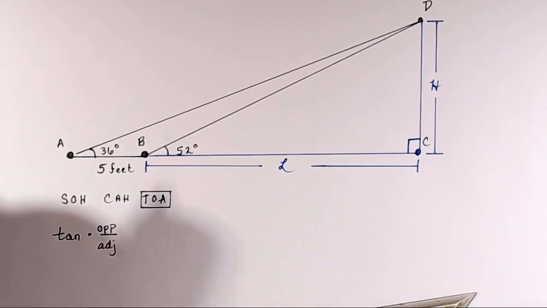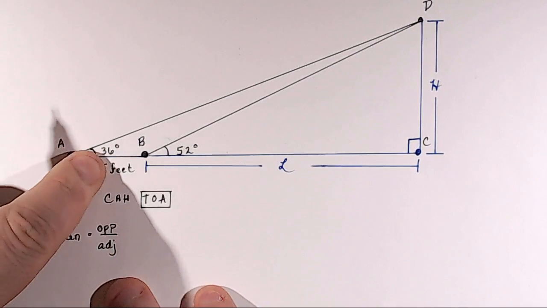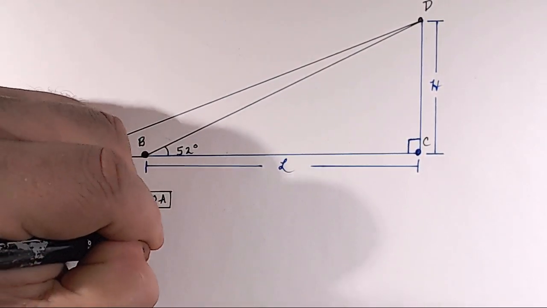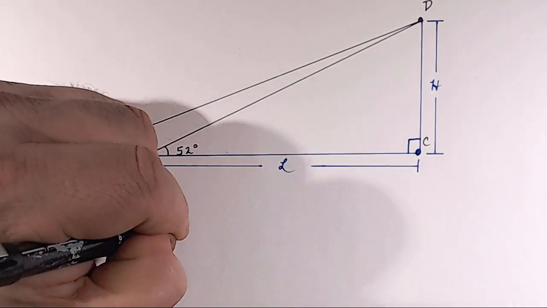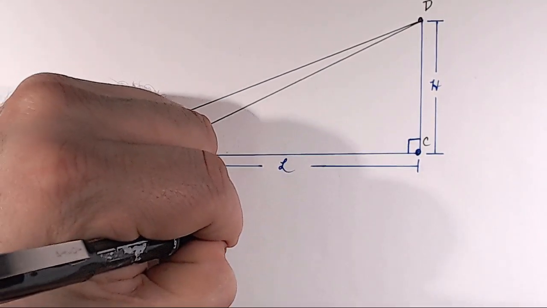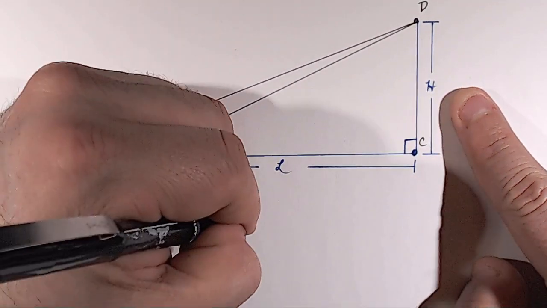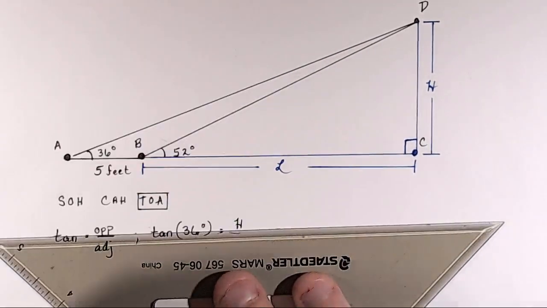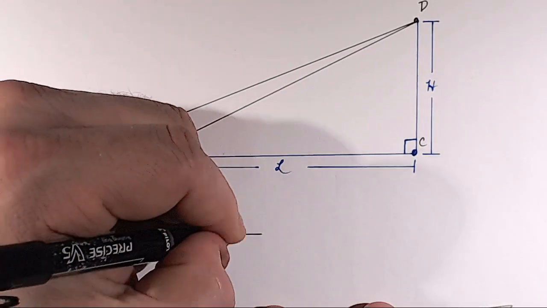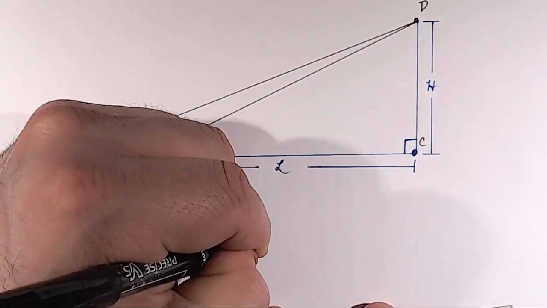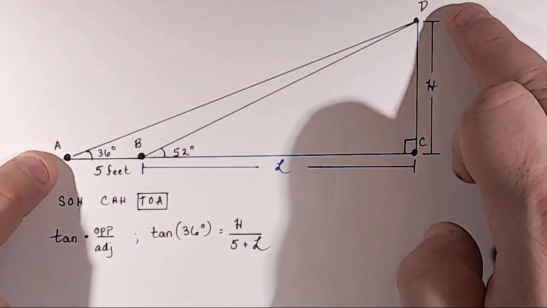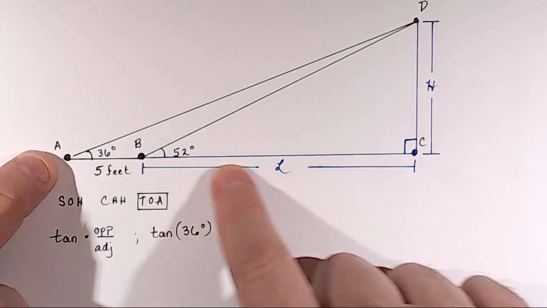So what that means is that in the case of 36 degrees, the tangent of 36 degrees is equal to h over 5 plus L. Okay, the tangent of 36 degrees is equal to the opposite side over the adjacent side.